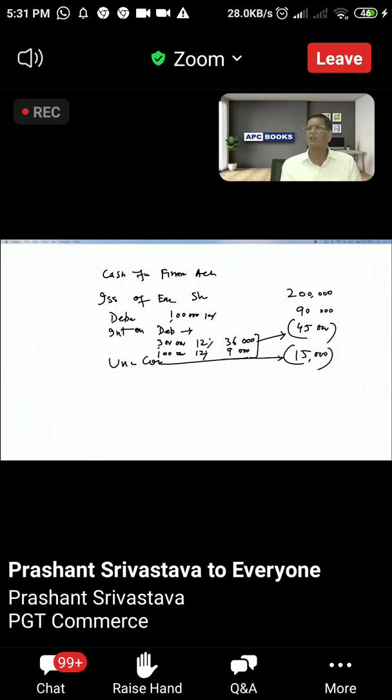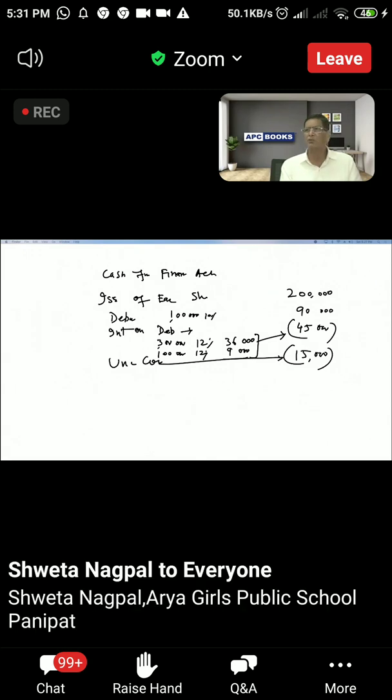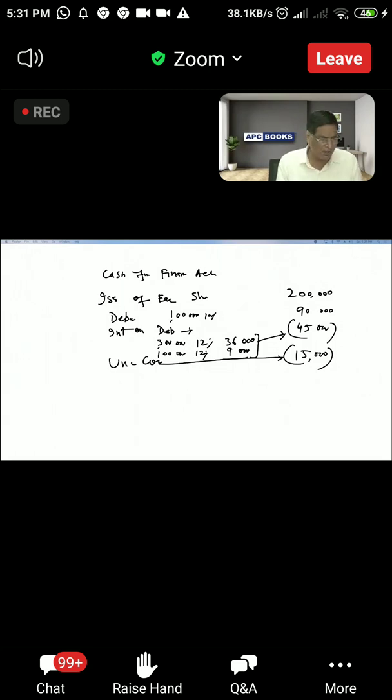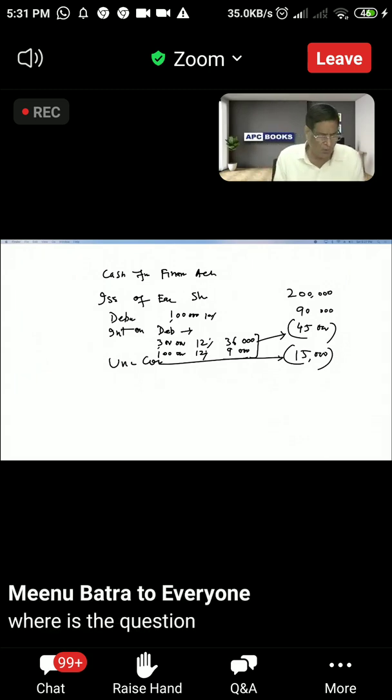First year it was 5,000. Next year it is 30,000. It has increased 25,000. So shares were issued, so that means shares must have been issued at a premium. But how much premium?